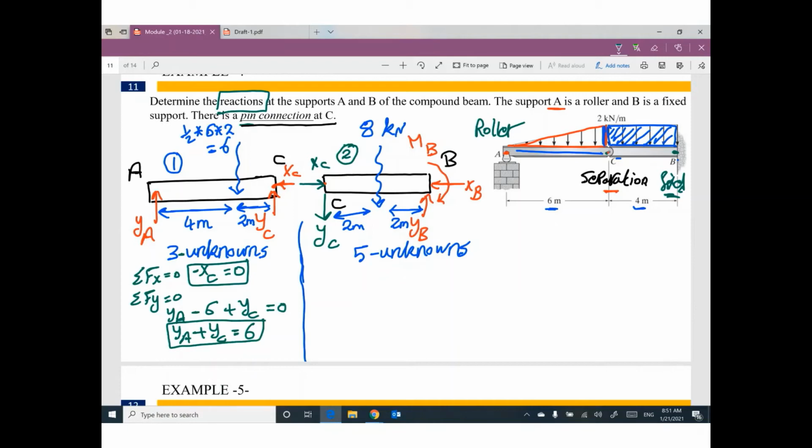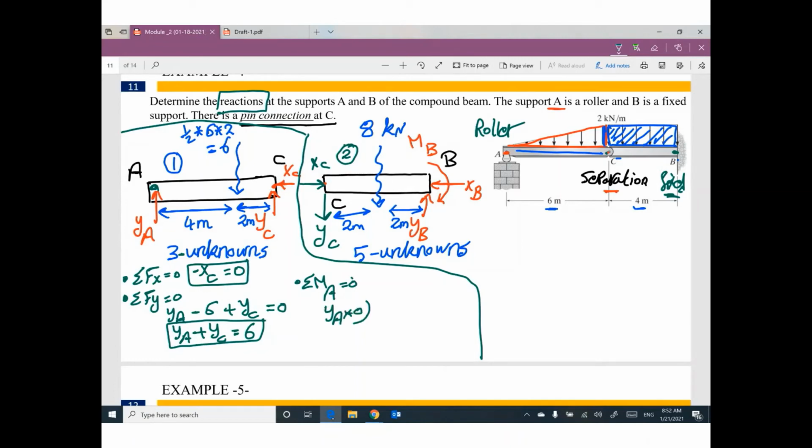I will take summation moment at A equals 0. I'm still working on this part number 1. We have 3 equilibrium equations: summation F of x, summation F of y, summation moment. I will take moment at A. So YA times 0, we don't have distance between YA and point A. The next one, I'm assuming clockwise is positive.